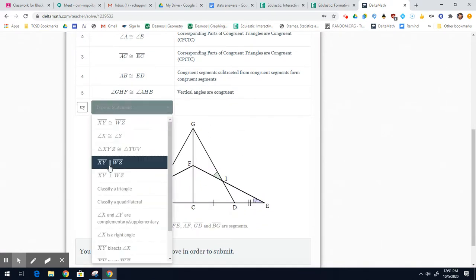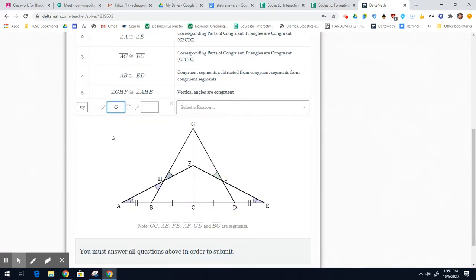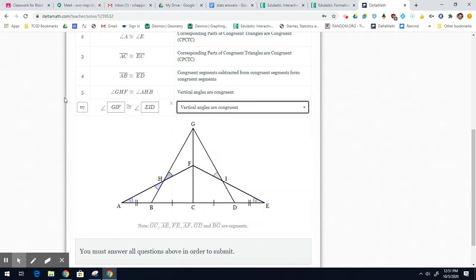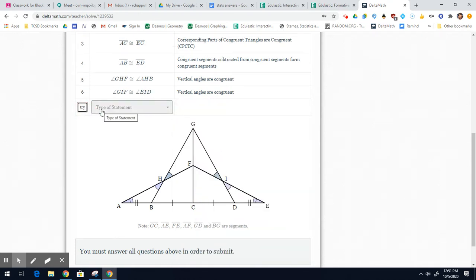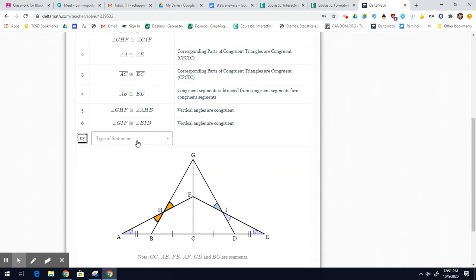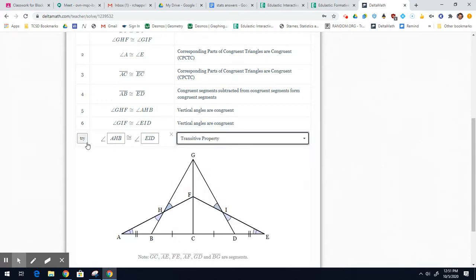So angle GIF is congruent to angle EID over here in this triangle, and that is because they're vertical angles. And now we can use the whole big transitive property, right? Because I know that these first two angles are congruent to each other, so these second two angles will also be congruent to each other. So I know that angle AHB will be congruent to angle EID, and that is the transitive property.